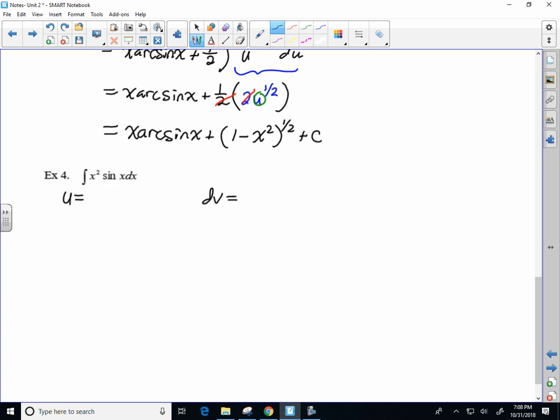So here we have a little bit of an issue because sine is just as easy to take the derivative of as it is to take its antiderivative. So that sucks. X squared, you can take its derivative or antiderivative with equal ease, I think. It's the same rule, just in reverse order.